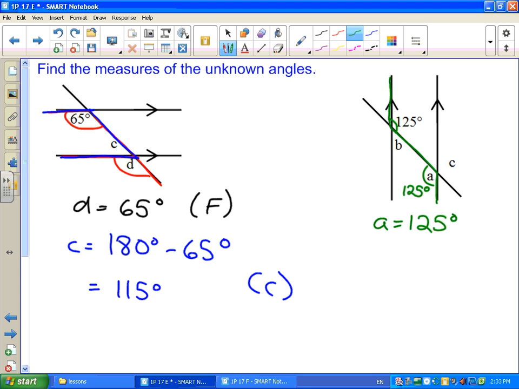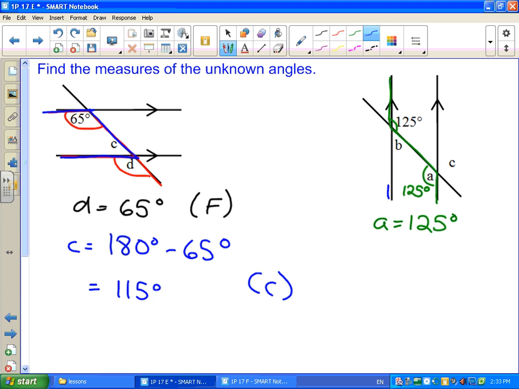Now, how can I figure out B or C? You don't necessarily have to use the F, C, and Z. If you can see some other way of getting them, using the angle properties that we've already used, we could use that as well. So, Montana, what were you going to say? Absolutely.